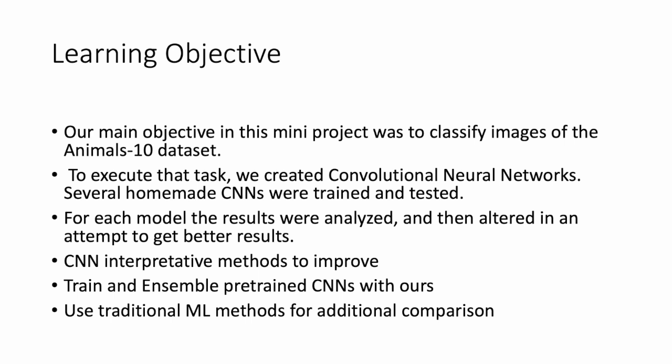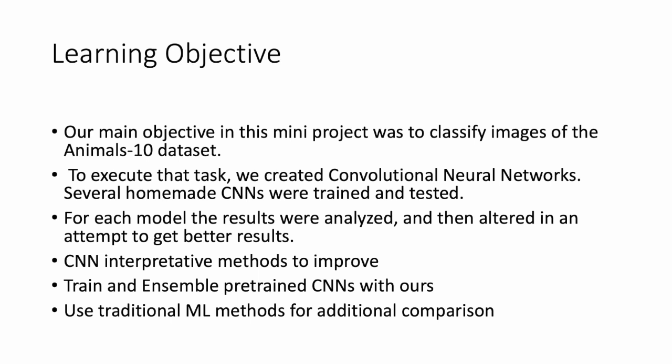So our main learning objective in this project was to classify the images of the Animals-10 dataset. In order to do that, we created convolutional neural networks. Several homemade CNNs were trained and tested. Each one of those were analyzed and altered in an attempt to get a better performing model.